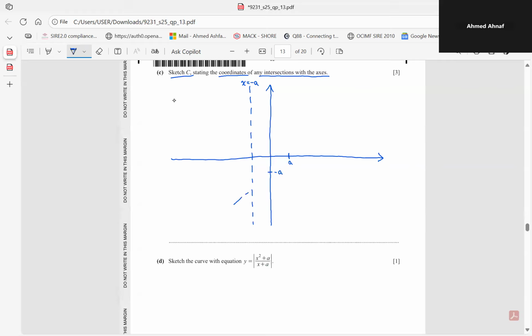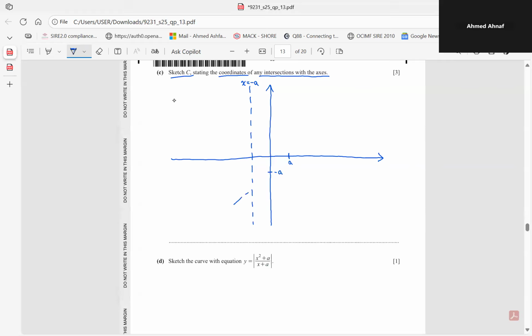Now let's find our x and y intercepts for this curve. For the y-intercept, just substitute 0 into the equation of the curve. So you'll just get a over a, which is 1. So 1 could be here.